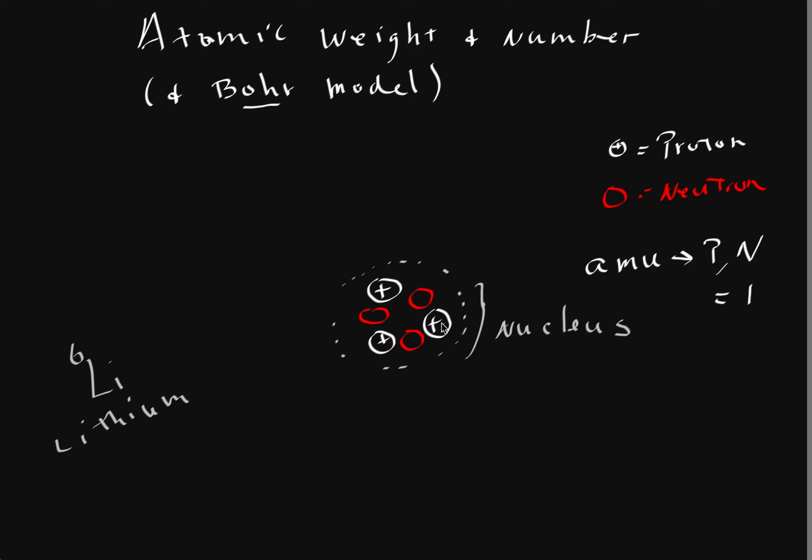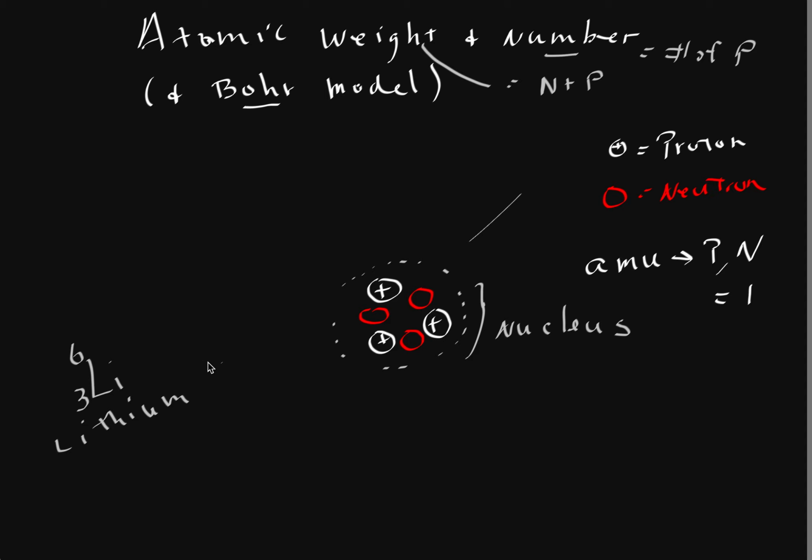And because there are 3 protons, we can write the atomic number. The atomic number is simply the number of protons, and that is the number 3. Whereas the atomic weight is equal to neutrons plus protons.